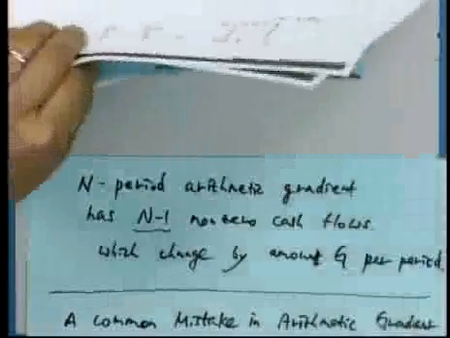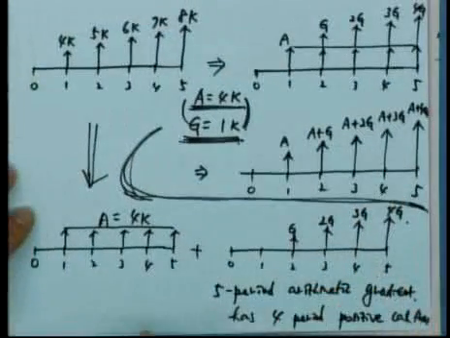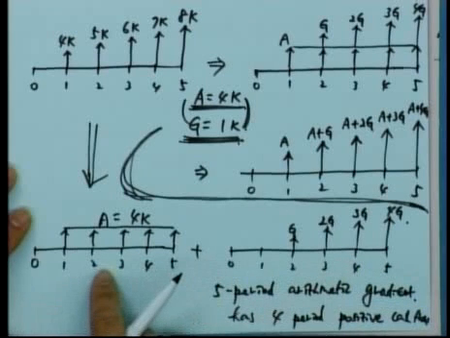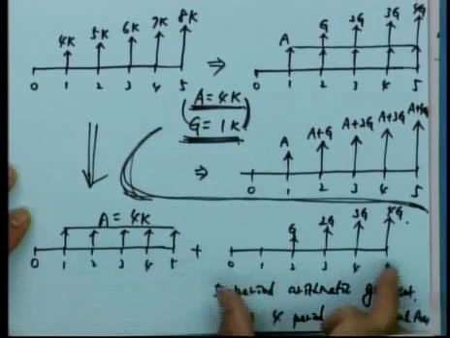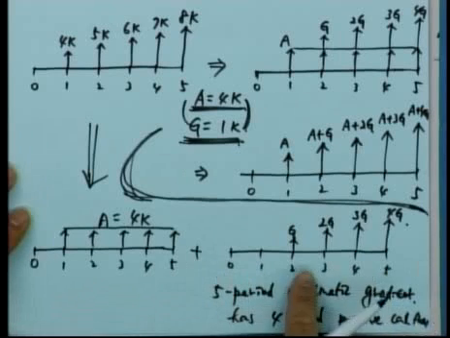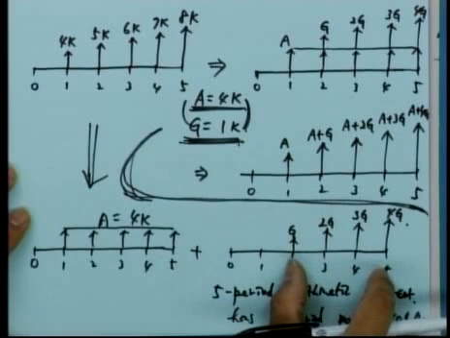So if we go back to our example, both the arithmetic gradient and the uniform annual series have a length of 5 periods here, 0 to 5, while the arithmetic gradient has only 4 non-zero cash flows, though.